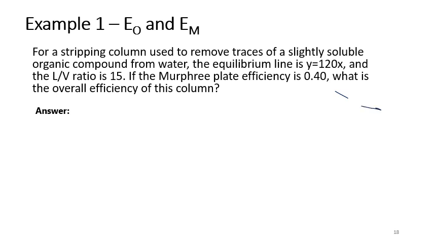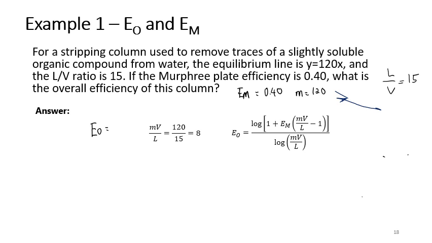From the information given, you have EM equals 0.40, capital M equals 120, and L over V is 15. You can just use the equation that we have just now to calculate the EO. So EO equals something.